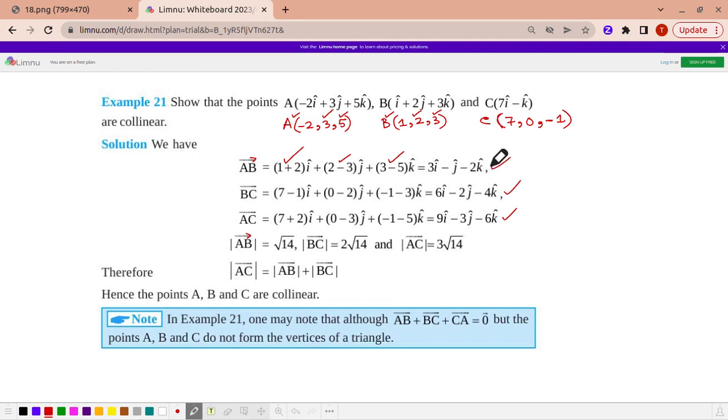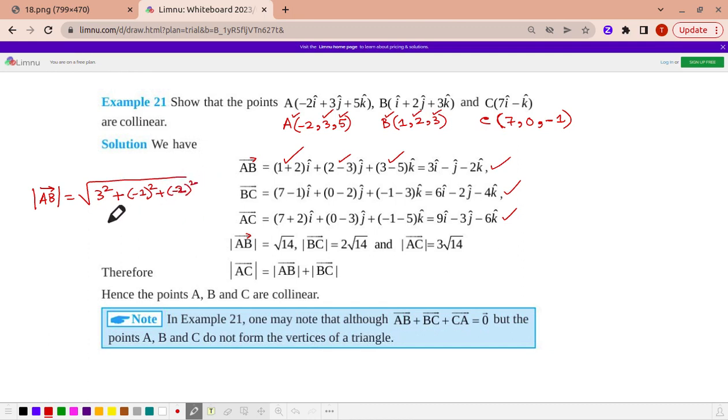So the modulus, the magnitude of the vector AB, what will it be, dear students? The magnitude of the vector AB is equal to square root of 3 square plus minus 1 whole square plus minus 2 whole square.